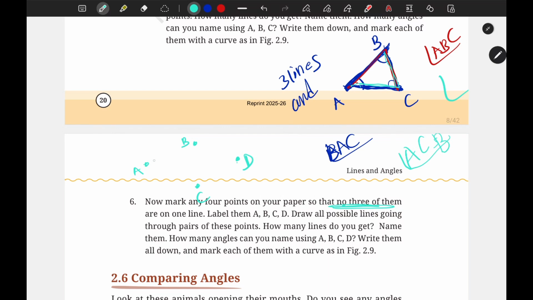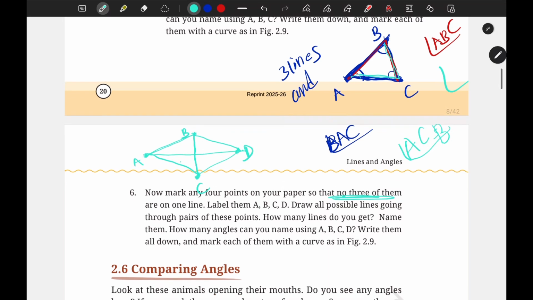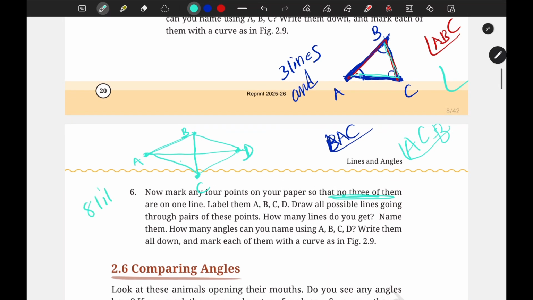Draw all possible lines. These are the possible lines that we can draw: 1, 2, 3, 4, 5, 6, 7, 8. So 8 lines we can draw.